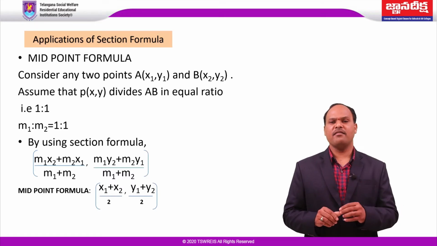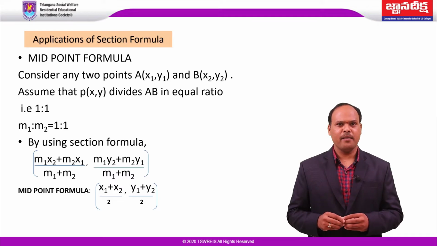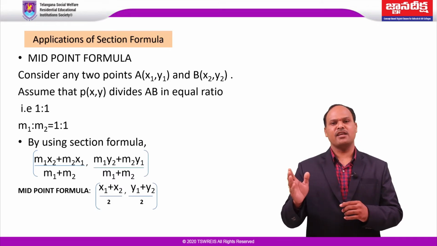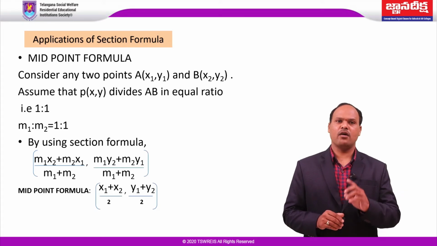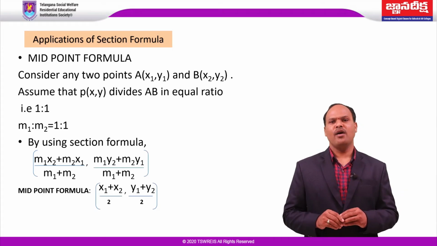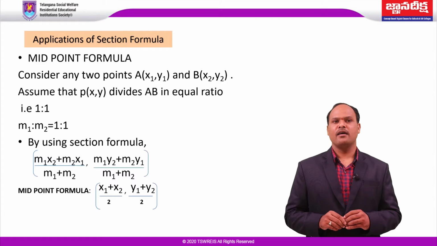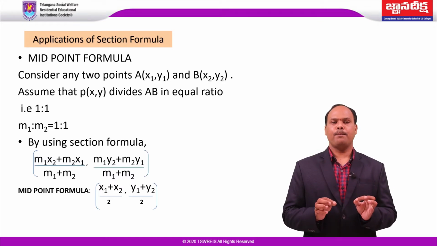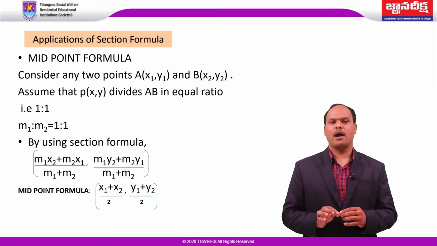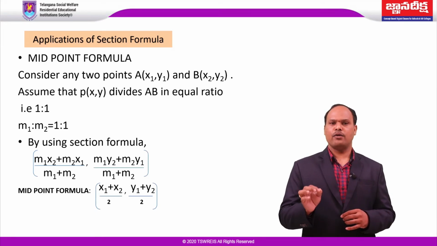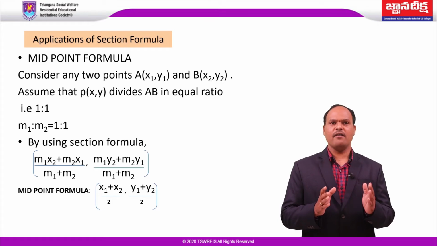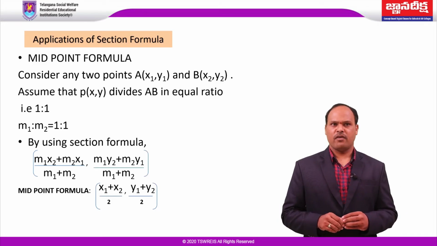Now to find the midpoint of AB, what changes do we need to make? Here the ratio m1 and m2 will be 1:1. So put m1 equal to 1 and put m2 also 1 in the section formula. We'll get the midpoint formula as x1 plus x2 by 2, comma y1 plus y2 by 2. So this is the midpoint formula which is an application of section formula.